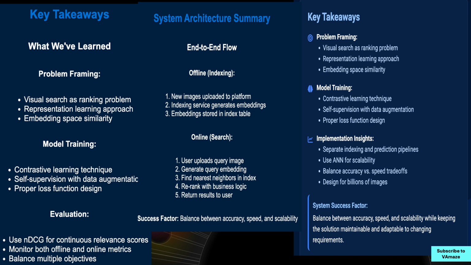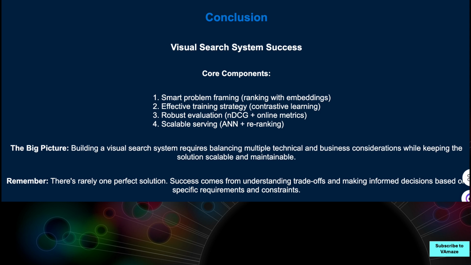Closing thoughts. Visual search is one of those magical ML applications that feels like the future. Natural, intuitive, and powerful. Behind that magic is a carefully designed system balancing multiple components: smart representation learning, efficient indexing, fast retrieval, and thoughtful business logic. Whether you're building this for e-commerce, content discovery, or any other application, the principles we've covered today provide a solid foundation.